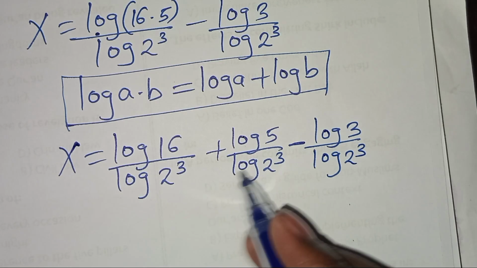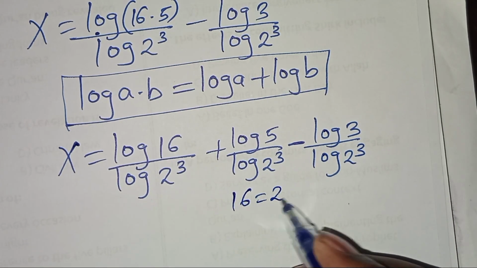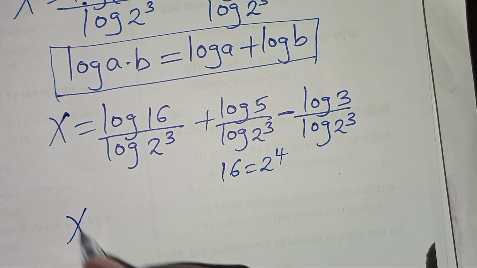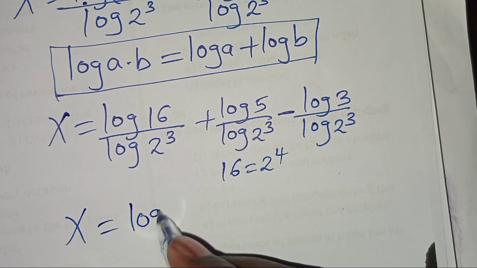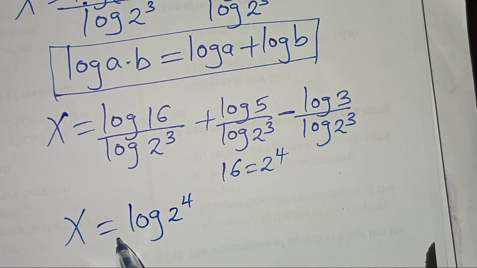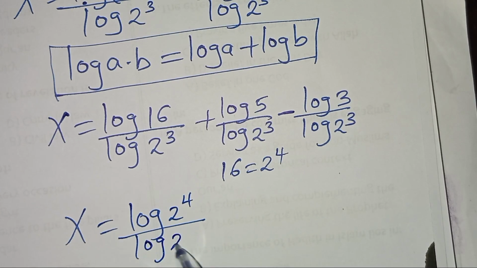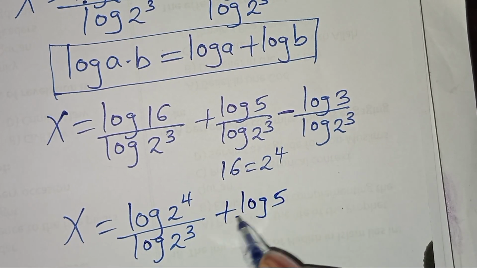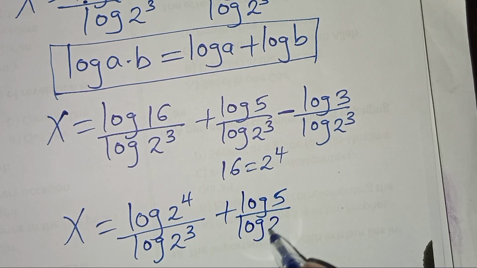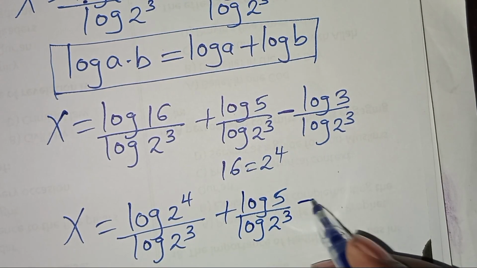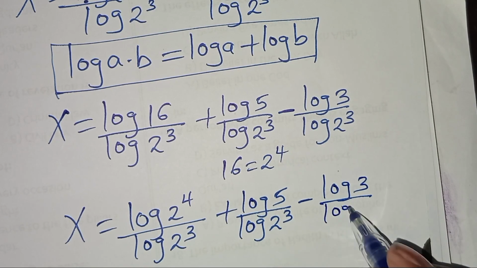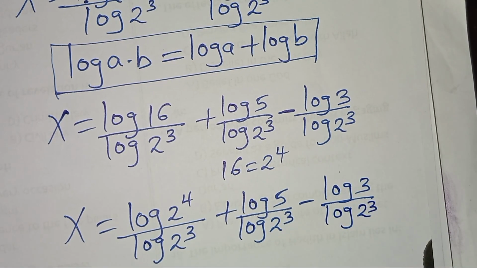Now from here, we can express 16 as 2 to the power 4. Substituting this, we'll have x is equal to log 2 to the power 4 divided by log 2 to the power 3 plus log 5 divided by log 2 to the power 3 subtract log 3 divided by log 2 to the power 3.